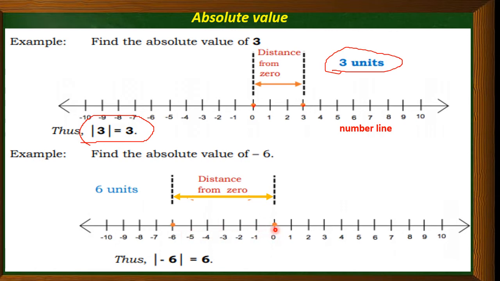Now we have to count. 1, 2, 3, 4, 5, 6. If you have observed, we also have a distance of 6 units from 0 to negative 6. That is why the absolute value of negative 6 is equal to 6.